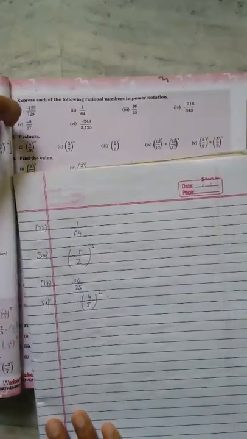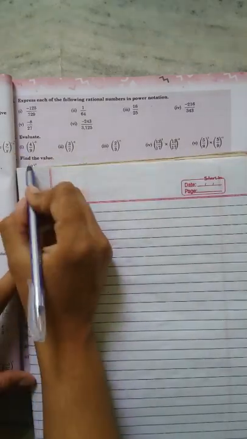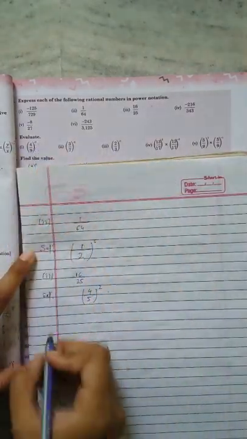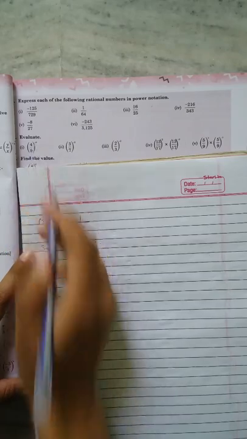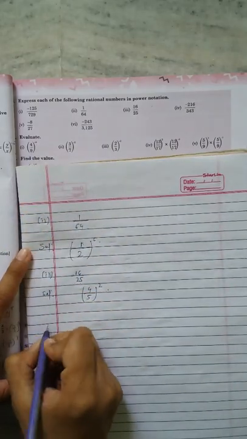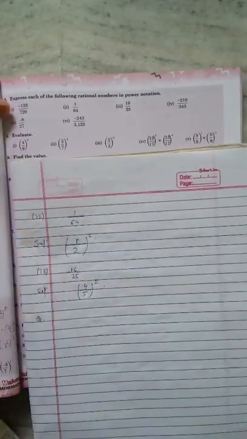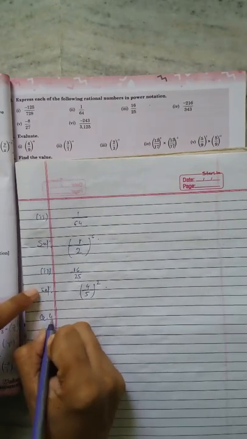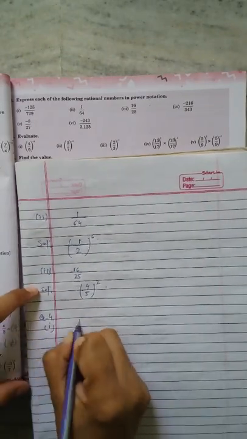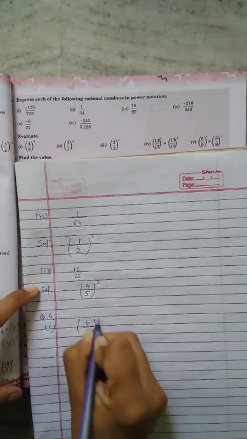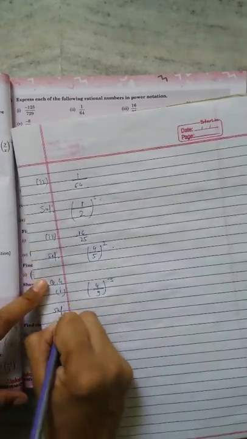See question number 4. Evaluate 4 upon 9 raised to power minus 5. Here the power is given in negative form. So how is it solved?